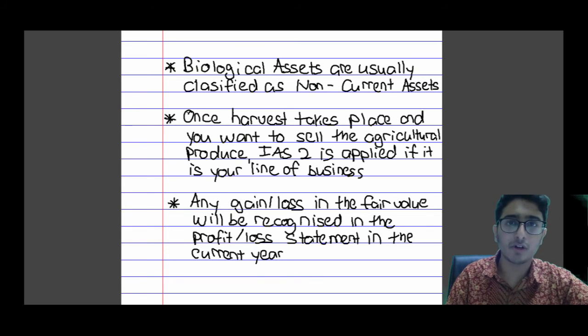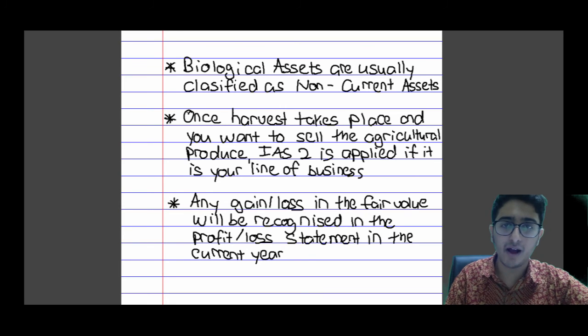Three important notes to take into account. First one is biological assets are usually classified as non-current assets. Next one is once harvest takes place and we want to actually sell the agricultural produce. Supposing my business sells meat. Now, my cow passes away and I take away the meat. This is what I call harvest. Yes, the process of taking out the meat is what I call harvest.